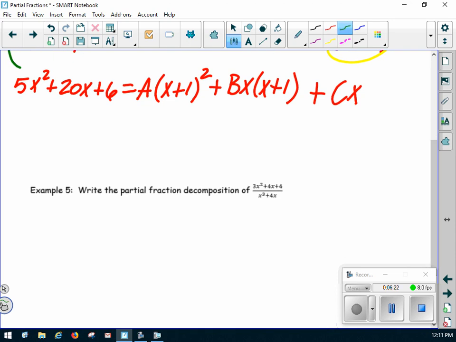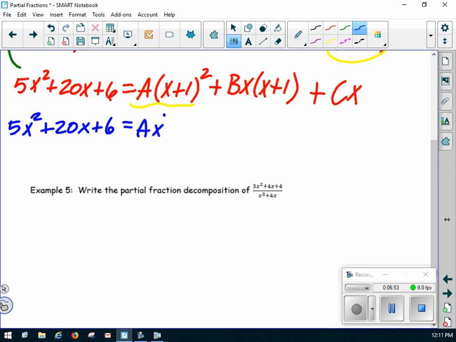Okay. I want you to see if you can do this piece all in your head. So we got 5x squared plus 20x plus 6 equals. Let's multiply out x plus 1 quantity squared. That's going to give us x squared plus 2x plus 1. And then let's multiply each of those terms by a.